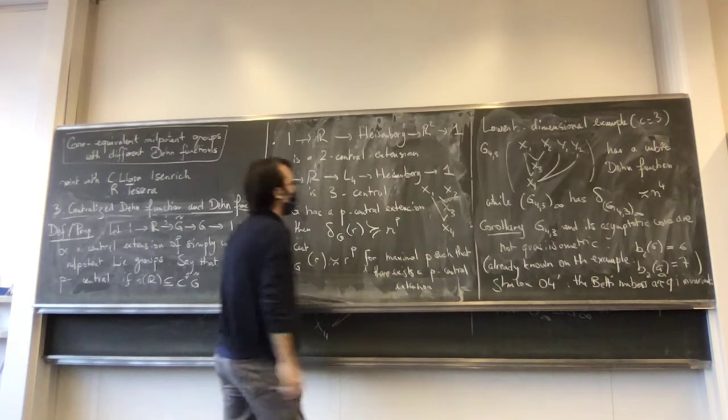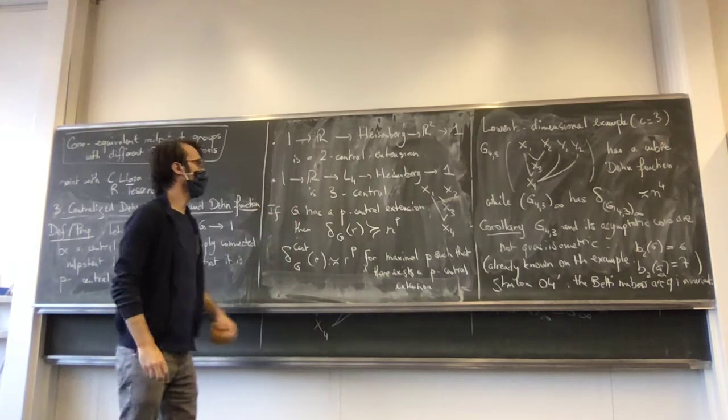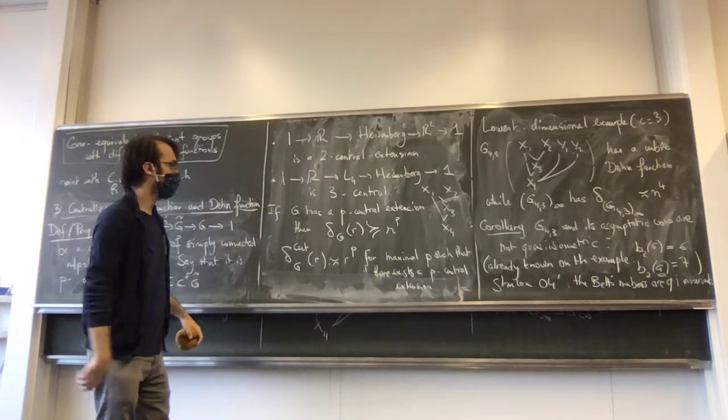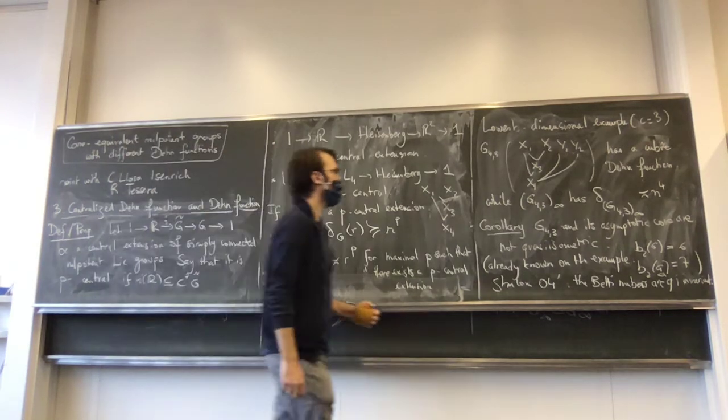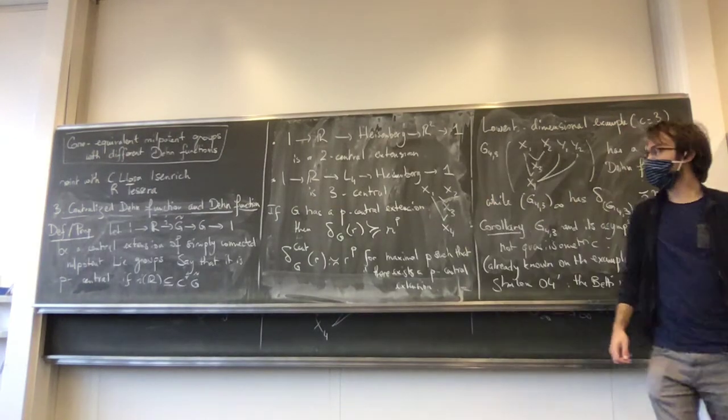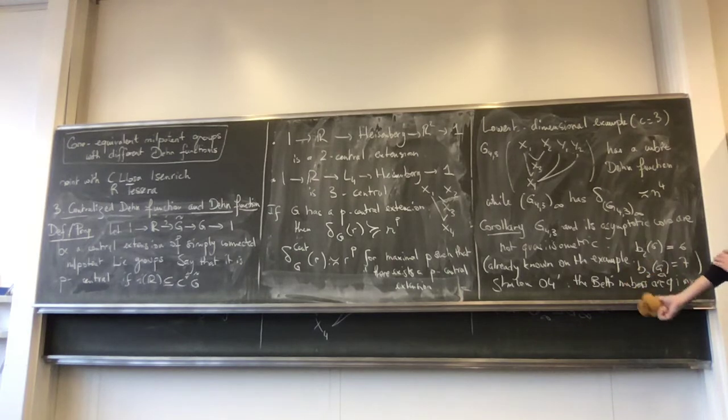Okay, so for the Heisenberg group, there is a 3-central extension, so the Dehn function is at least n to the cube. And for the 5-dimensional Heisenberg group, I said that the Dehn function is quadratic, and indeed you can check by computation that there is no 3-central extension.